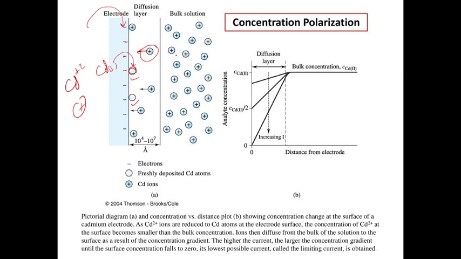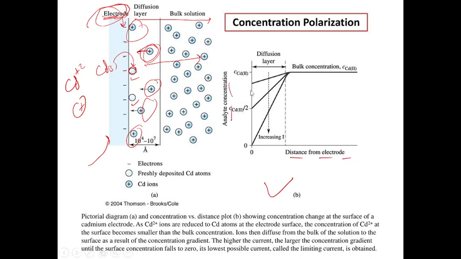So see here, only a few cadmium ions are there, but as you are moving far from the electrode, the concentration of cadmium ion is increasing. This is plotted in this graph: this is the distance from the electrode and this is the analyte concentration.